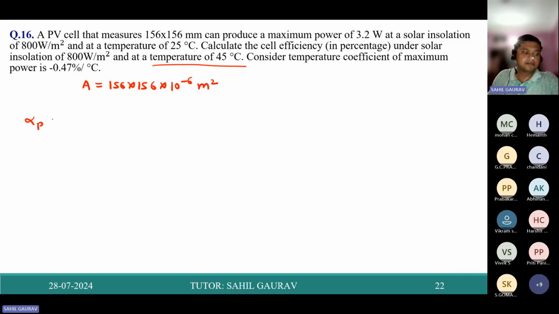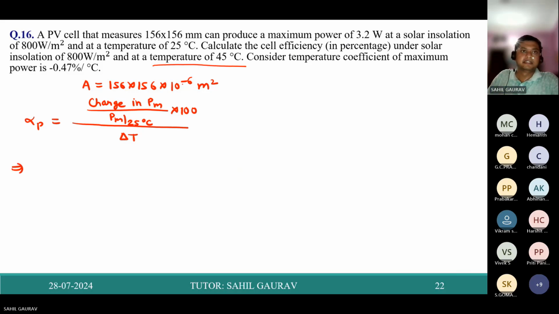we know that alpha P is change in PM upon PM at 25 degrees Celsius upon delta T into 100. So alpha P is given as minus 0.47 percentage per degree Celsius.